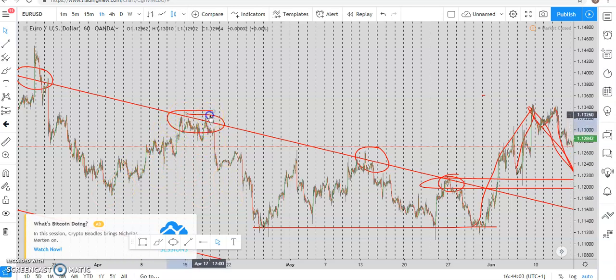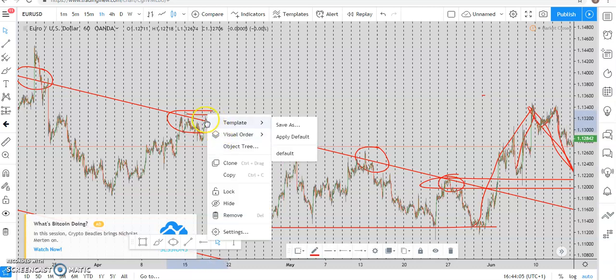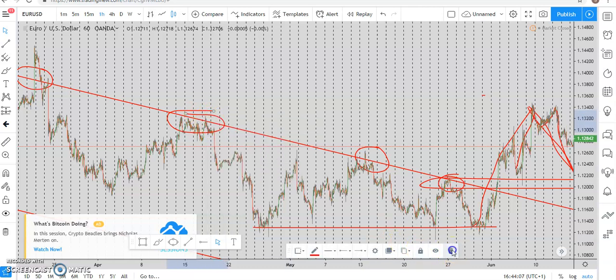And one secret of the market is that whenever a market is about to make a U-turn, expect an M or a W. Where you expect a W is when it's a downtrend. When price is moving downwards and then it's about to reverse, expect a W or a double bottom and then a rise up.